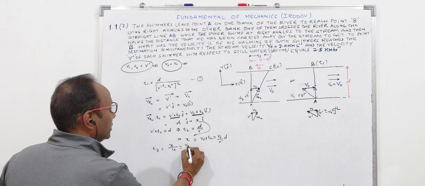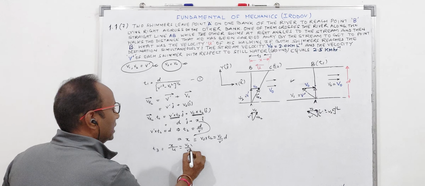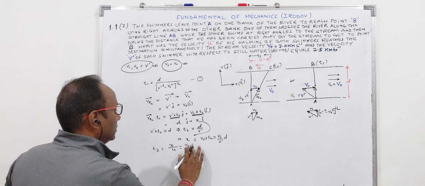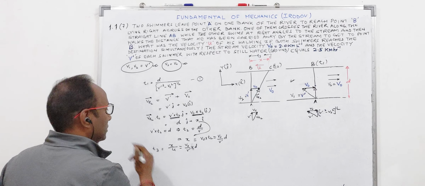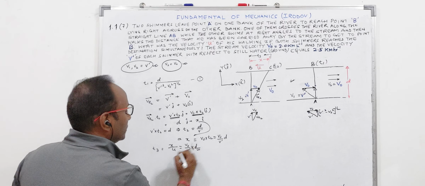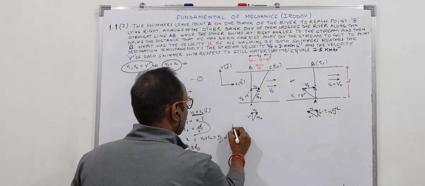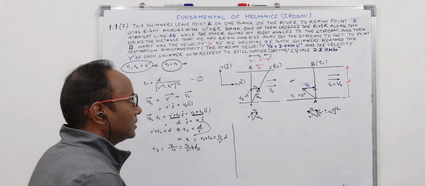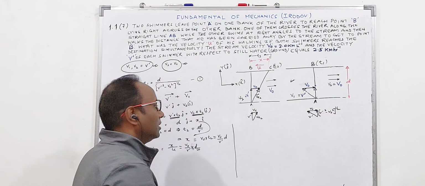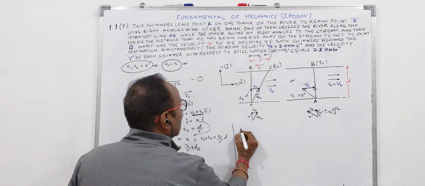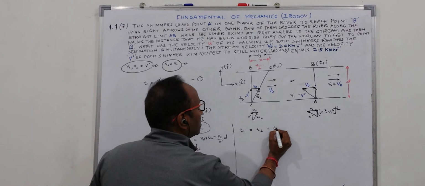X is equal to v naught by v dash into d, divided by u. Since the time taken by both swimmers to reach B is the same, it means T1 is equal to T2 plus T3.